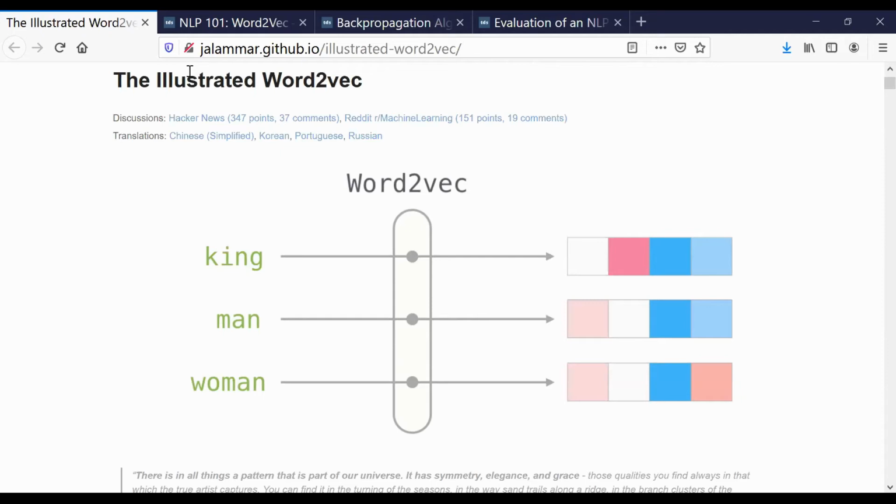The closest match should be something like queen, and the second closest may be something like princess. But it should be very far from words like refrigerator, which has nothing to do with humans. So that's what word2vec does. It's a very clever, intelligent way.